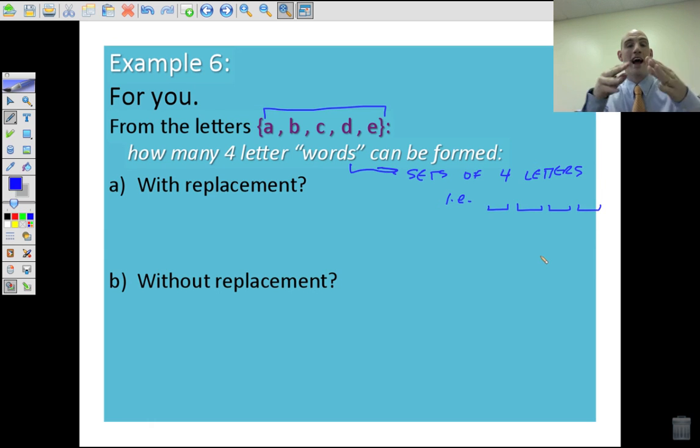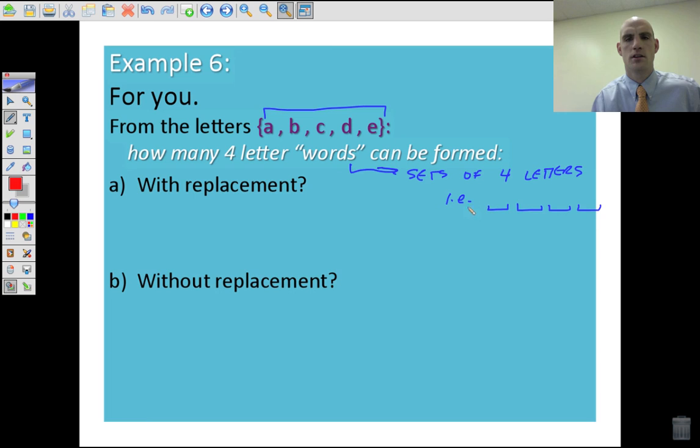These words are actually just sets of 4 letters. So think about it in terms of that race mentality where we have 4 boxes. If I can replace, how many possibilities do I have? If I don't have replacement, how many possibilities do I have? Pause. See if you can do this one on your own.